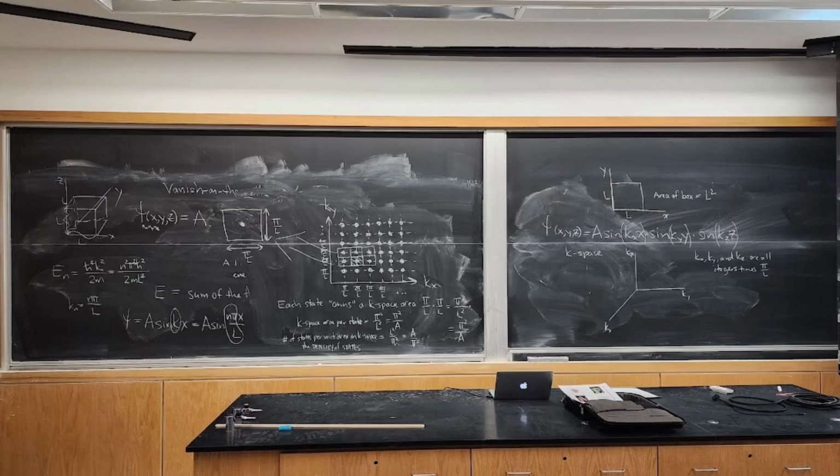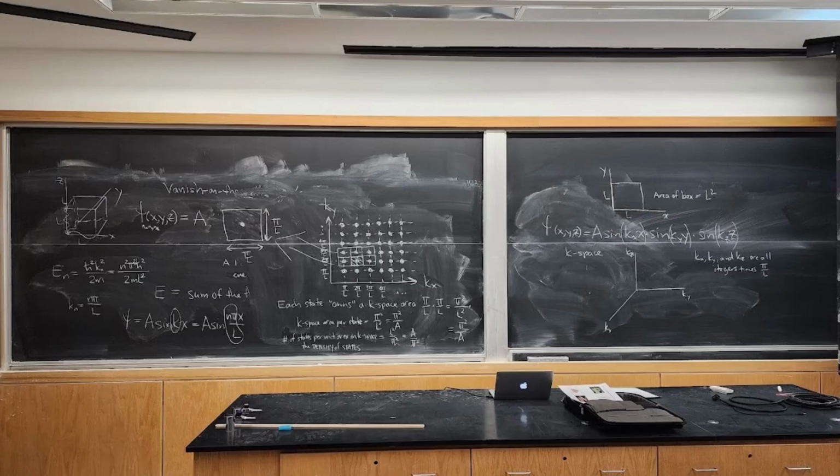Okay, same deal. If pi squared over L squared is the K space area per state, what do I do to that to get the density of states in K space, the number of states per unit area in K space? You flip it over.